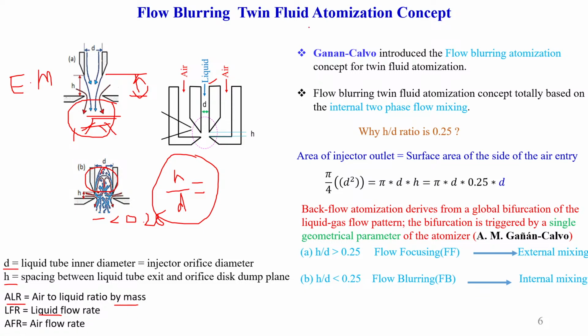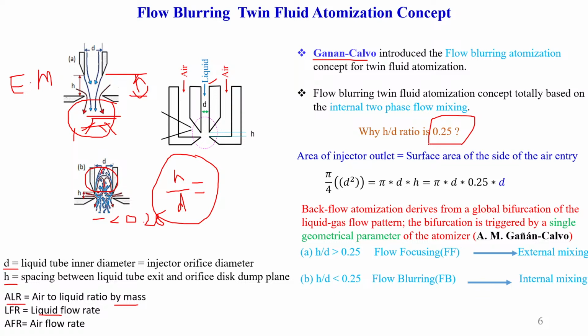Okay, so first this technique was introduced by Gañán-Calvo. He and other researchers considered only an H by D ratio less than 0.25 to achieve flow blurring atomization.